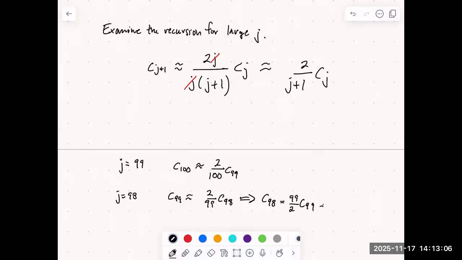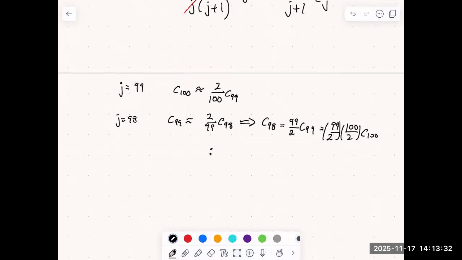And so that's going to be 99 over 2, 100 over 2, C100. And I could keep going in this manner, and I could write C97 would be this exact same thing, but then I'd get a 98 over 2. And then if I keep going, I get a 97 over 2 and a 96 over 2, and so on.